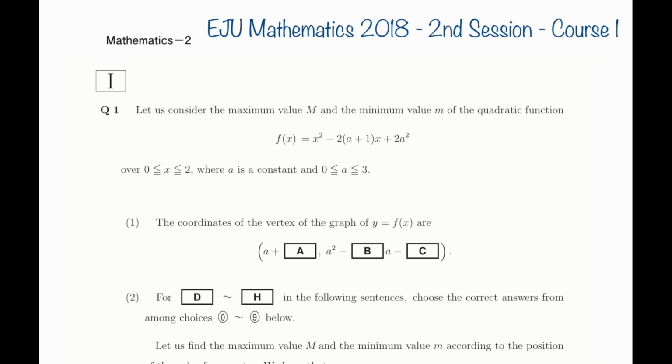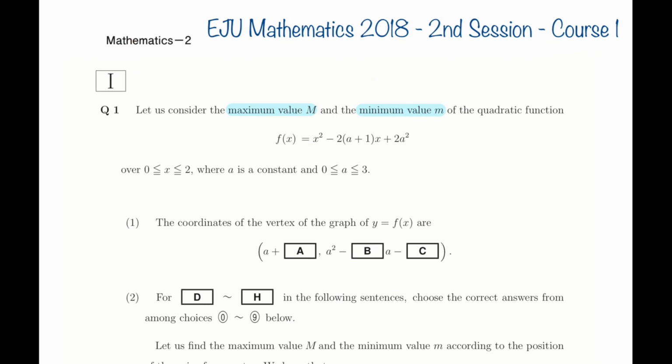Okay? In this question, let us consider the maximum value capital M and the minimum value lowercase m of the quadratic function f(x) = x squared minus 2 times (a plus 1)x plus 2a squared.